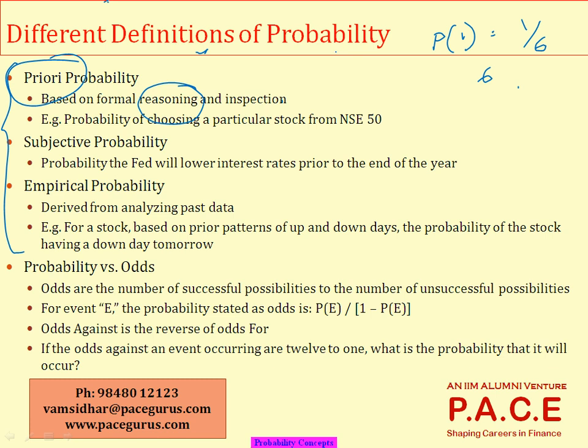I am not observing data here. I am using mere logic to find the probability. Favorable outcomes is 1 out of the total possible outcomes of 6, so the probability is 1 by 6. Such a definition is called a priori probability.